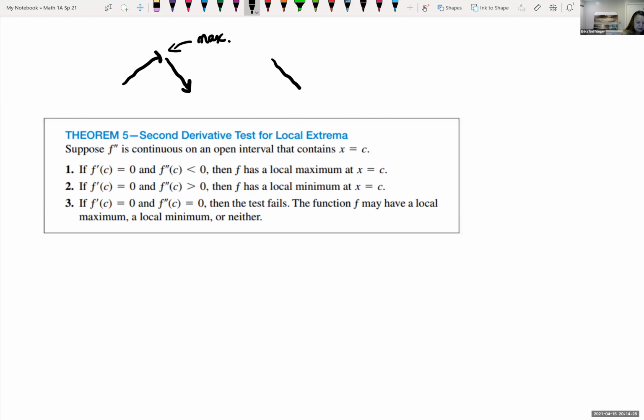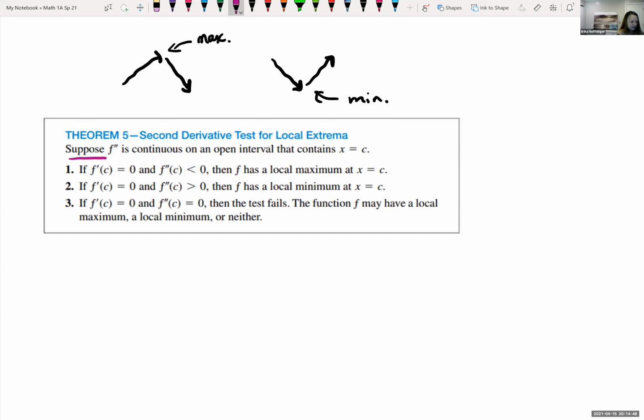And if it was decreasing to increasing, we found that we had a min there, as long as it existed in our original function. There's another test that can test to see if a critical value is a max or a min, but it doesn't always work, whereas the first derivative test does always work.